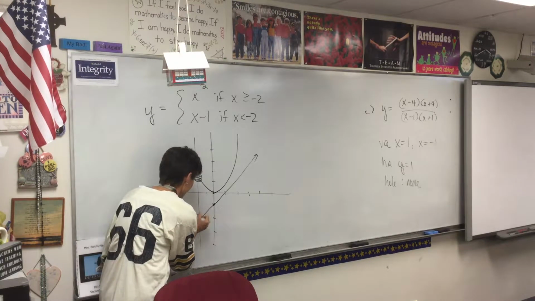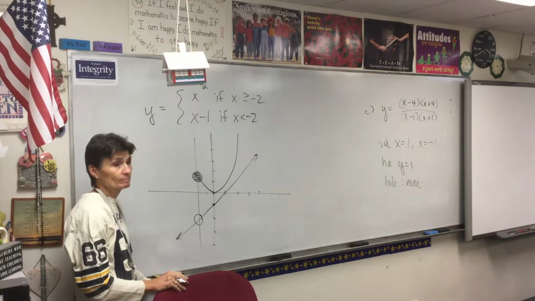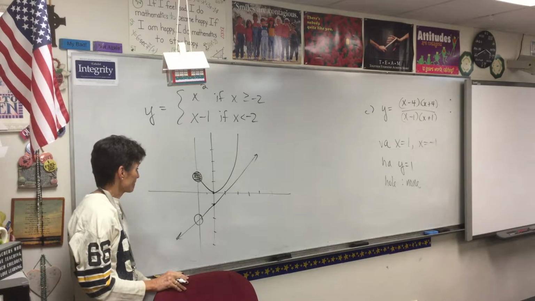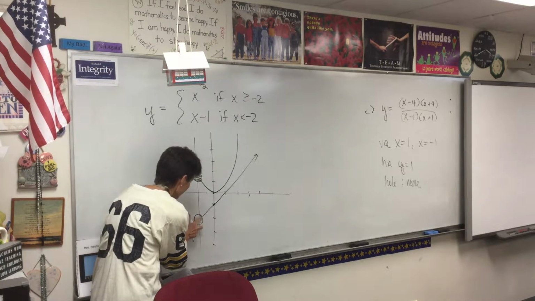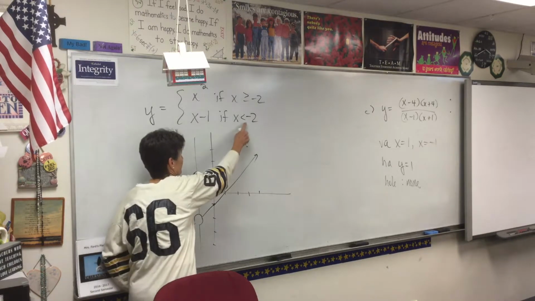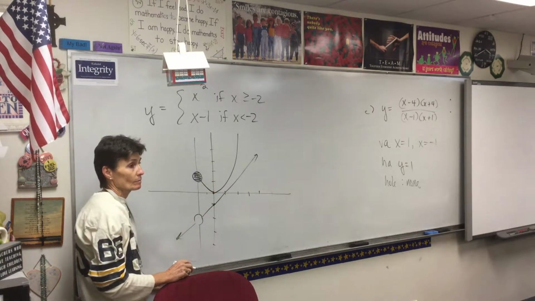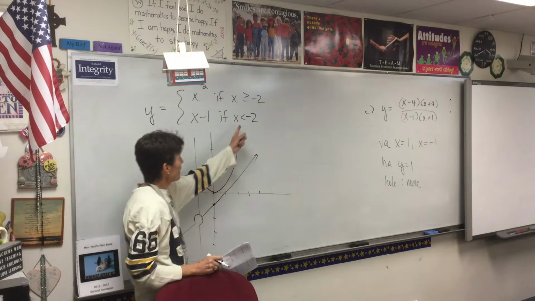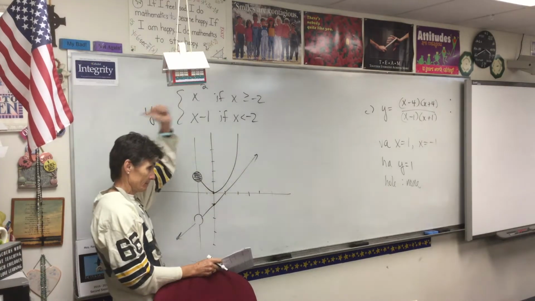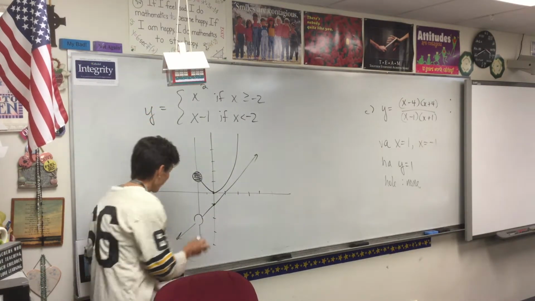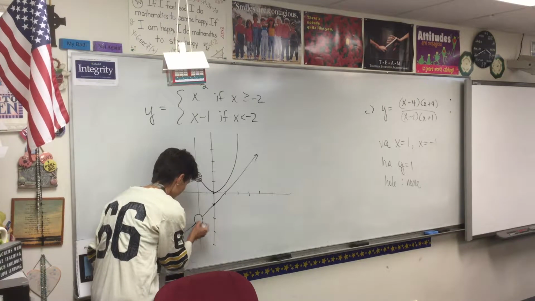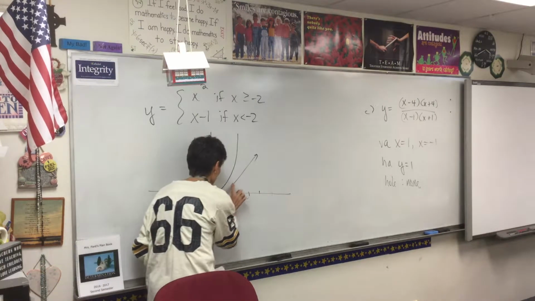It intersects my dividing line right there. That's an open dot, right? And notice the arrow is pointing that way. So I keep this part and erase all of this part.